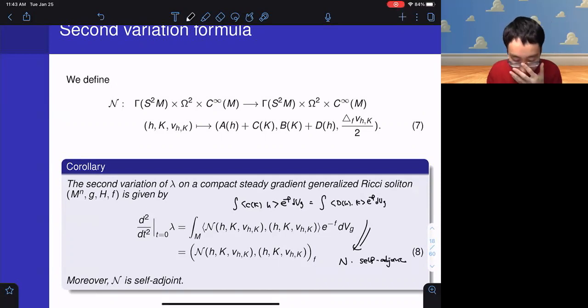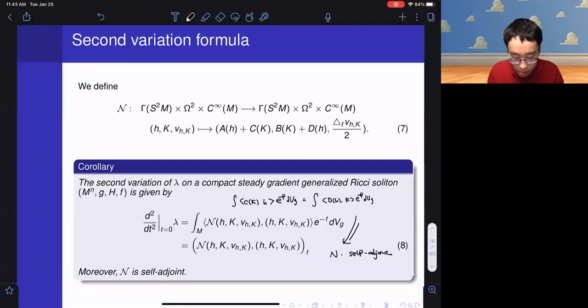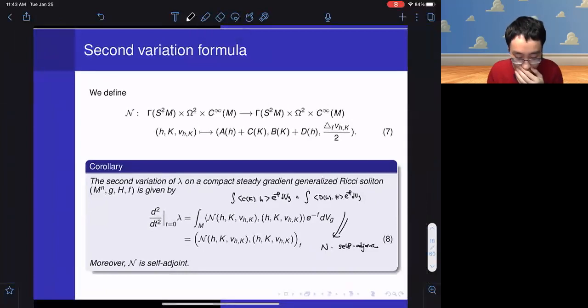So we extend the result about the second variation formula of lambda tilde entropy to our case.